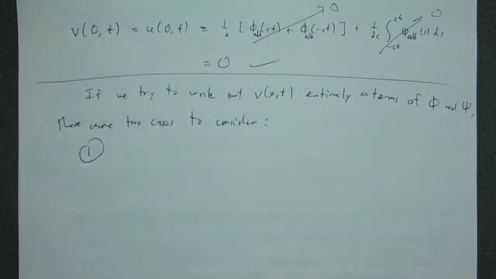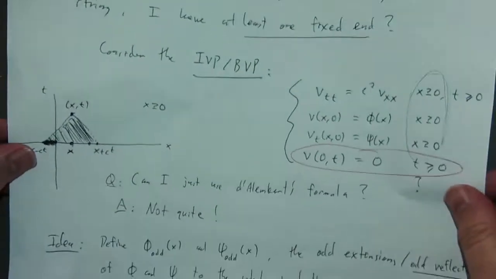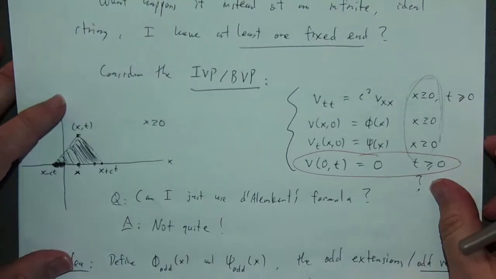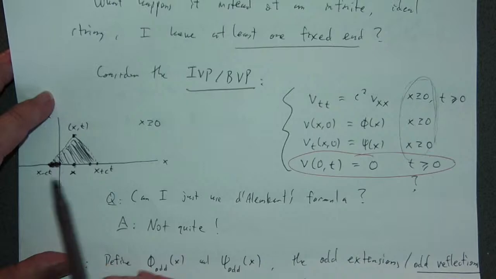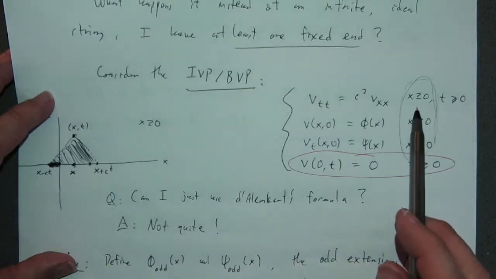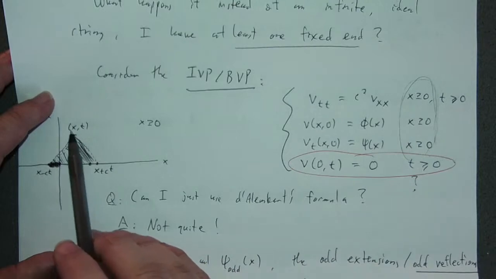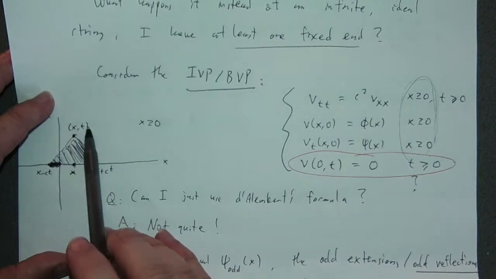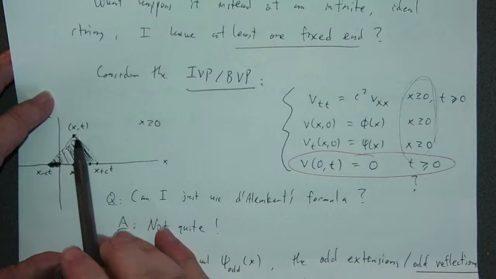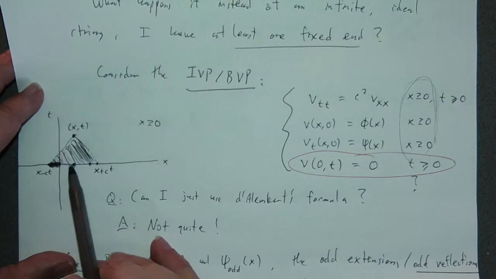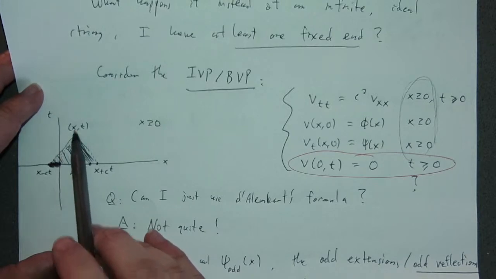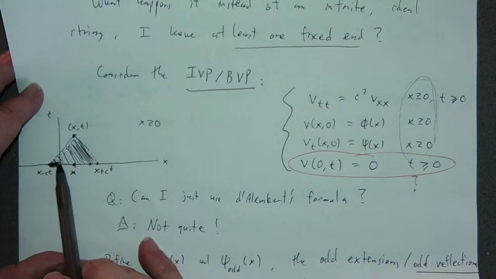Remember, in my original case, this was the concern: that I pick an x that is greater than or equal to 0, for some fixed point (x, t). You could increase t if you wanted to. Even if x is greater than or equal to 0, I could potentially need some points over here in this domain of dependence to tell me what's going on here. And I don't have them.